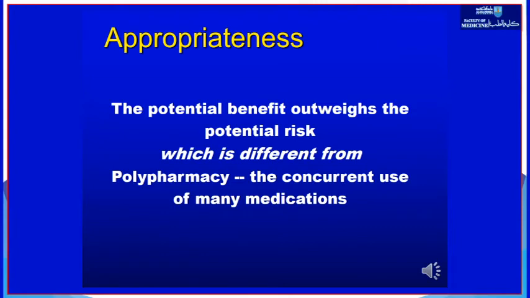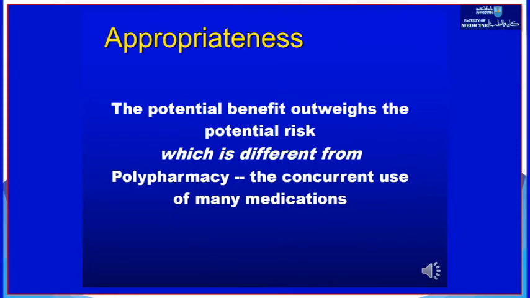We have been talking for many decades about polypharmacy being a major problem and issue in geriatric medicine, where we define polypharmacy as the concurrent use of many medications in an elderly person. And by many, we mean 5 or more medications simultaneously.